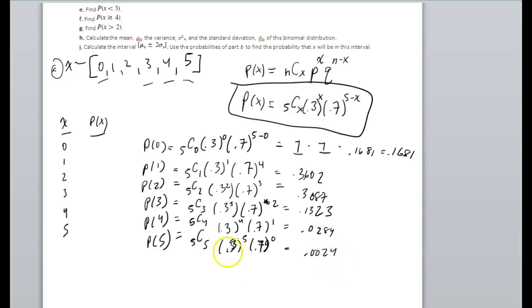And this makes a lot of sense. So we assume that these are independent trials. So the only way for this to occur is one way, right? 5 choose 5. That ends up being a 1, and we have no failures, so this ends up being a 1 as well, and 0.3 to the 5.